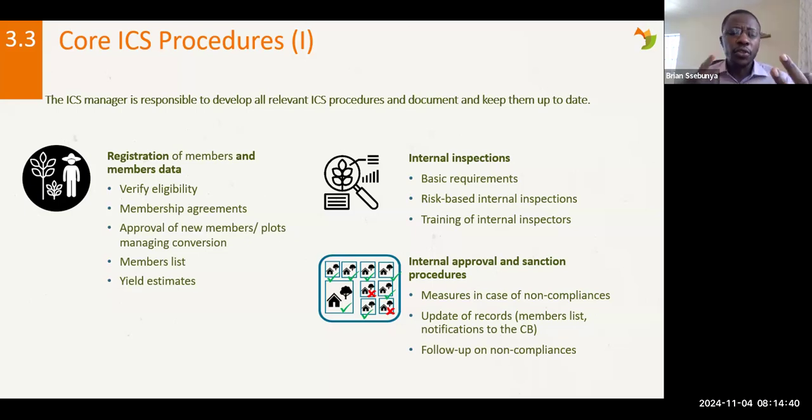For every procedure, it should be clear what the procedure is, who does that activity, how it is done process-wise, and when. For example, when do you register members? The what, when, who, how parts should apply. You should always check all your procedures to have those elements.